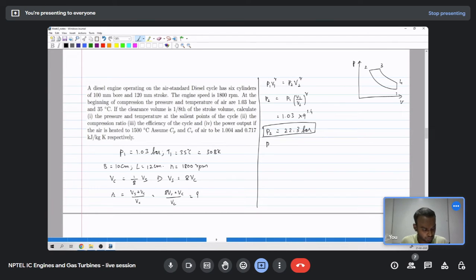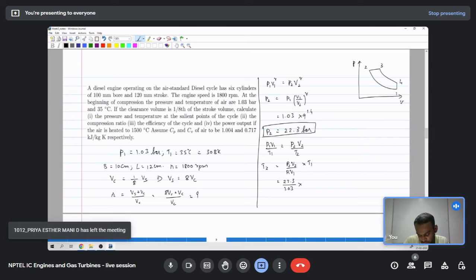Now we also know P1 V1 by T1 is equal to P2 V2 by T2. So T2 is P2 V2 by P1 V1 into T1. P2 is 22.3 bar and P1 is 1.03 bar.